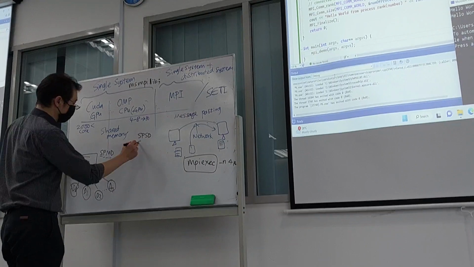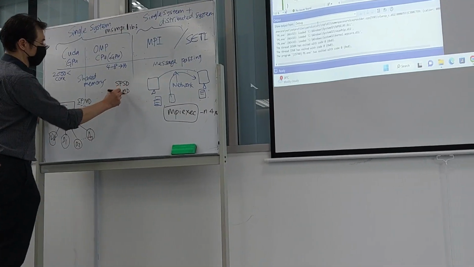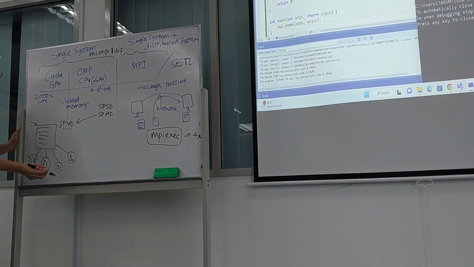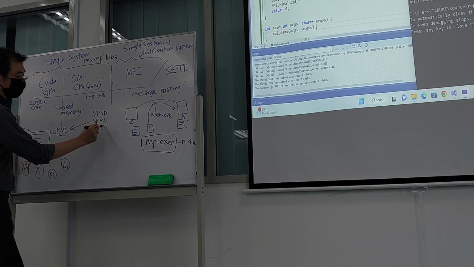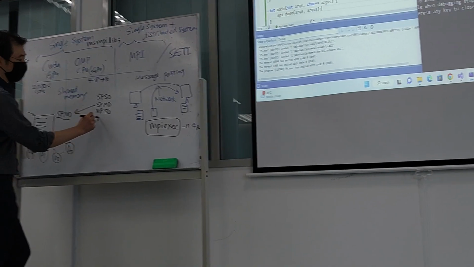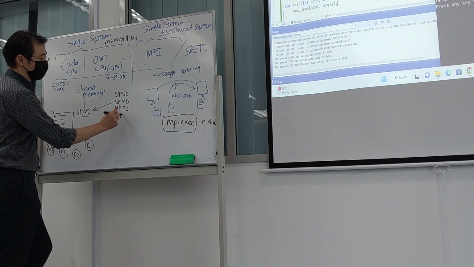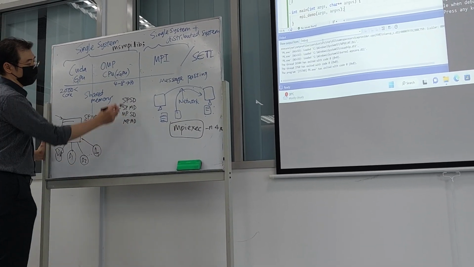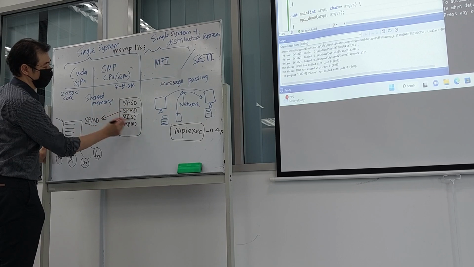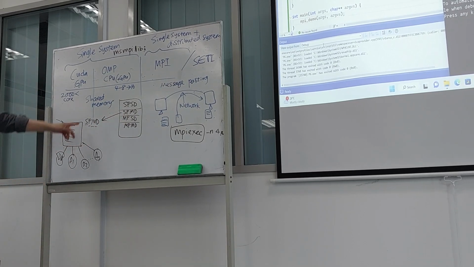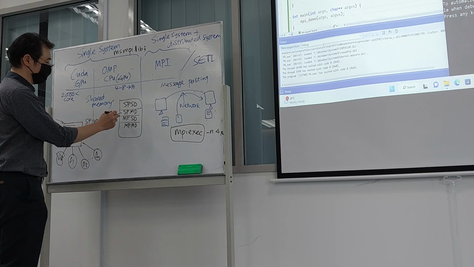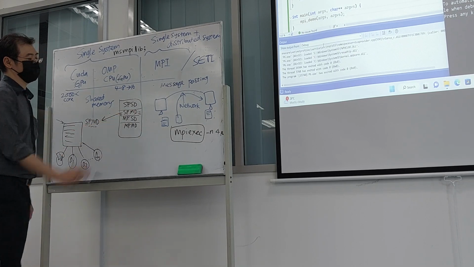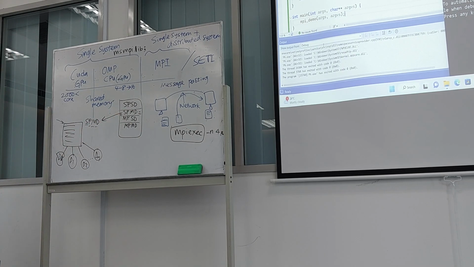And we have single program, multiple data, which is this one. We can also have multiple program, single data, and multiple program, multiple data. So basically we have 4 different types. The type that we are covering for CUDA, OMP, MPI, all of them are the same: single program, multiple data.